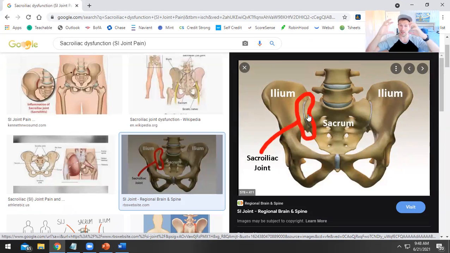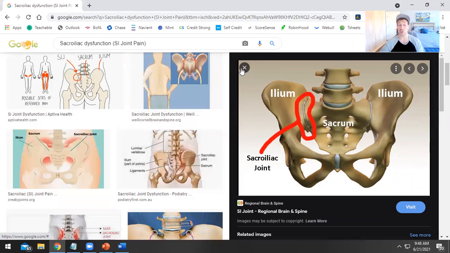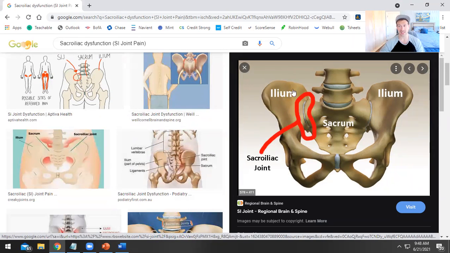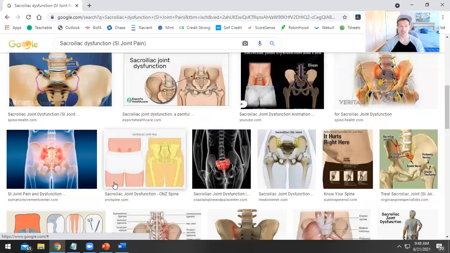It's meant to do a little bit of elevation and depression like that, a little forward, backward action, but very, very little. This is not like a lot of other joints, right? We got these synovial joints that are fully movable. Well, this is only supposed to be semi-movable. And so when you have too much mobility in this, it causes aches and pains.